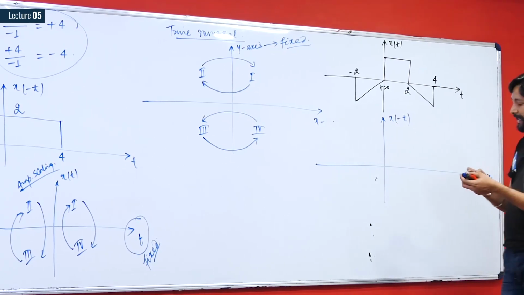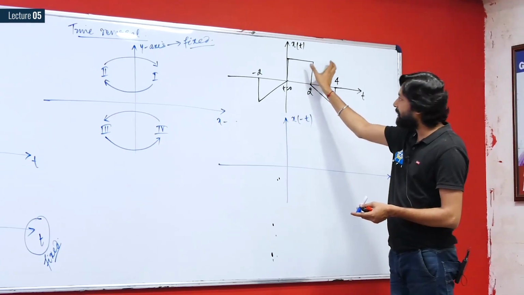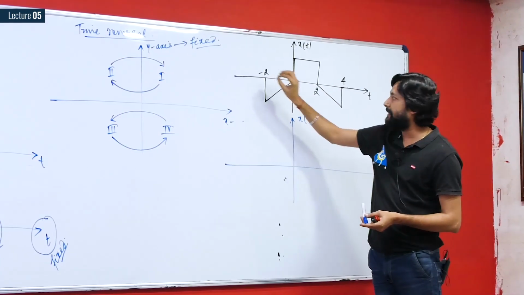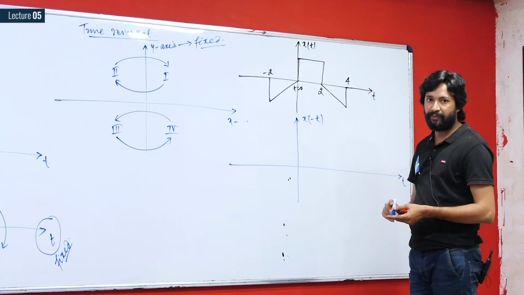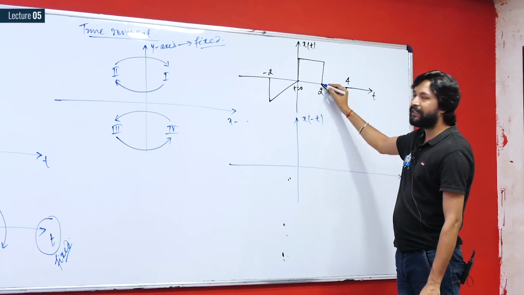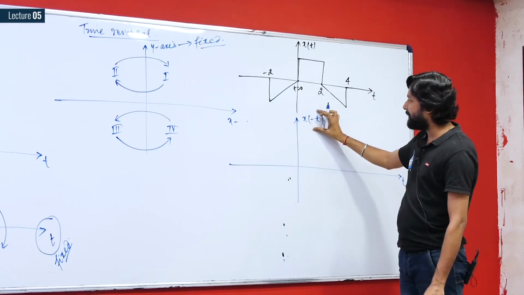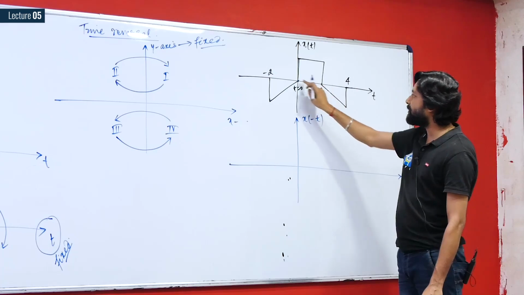Whatever values are present in the positive half will get shifted to the negative half, and the negative half values will get shifted to the positive half. The shape between 0 and plus 2 will now be contained in the signal x of minus t between minus 2 and 0.